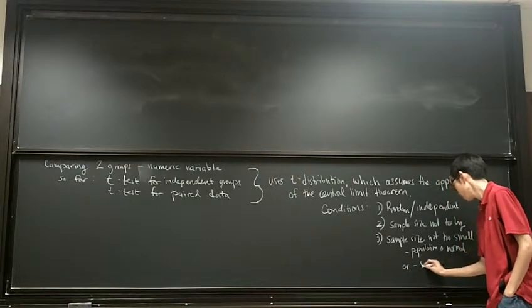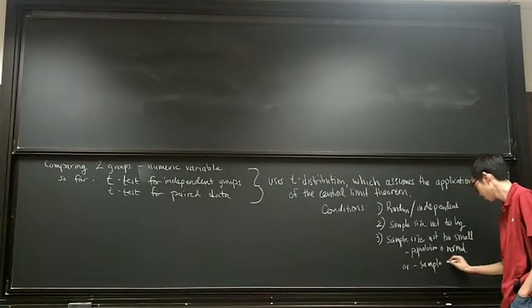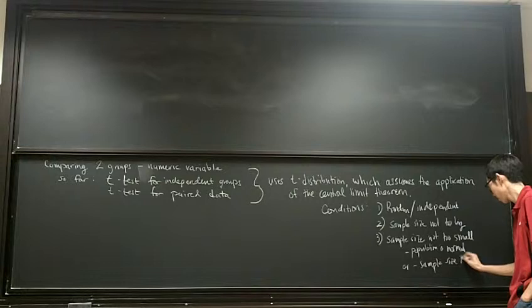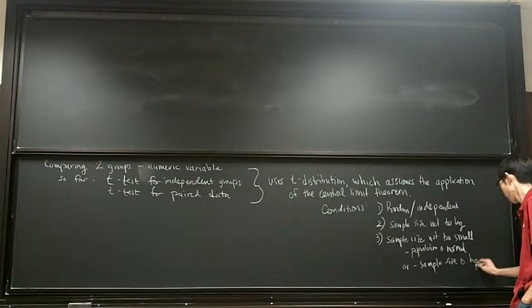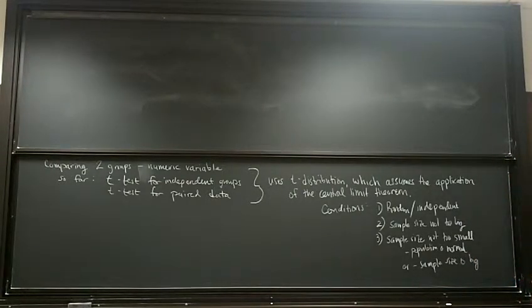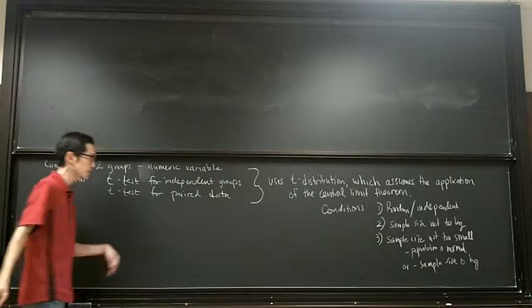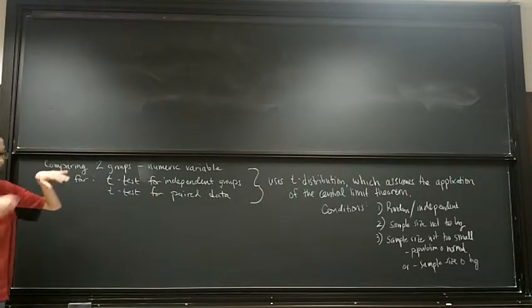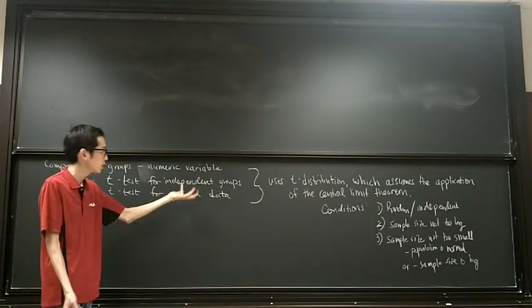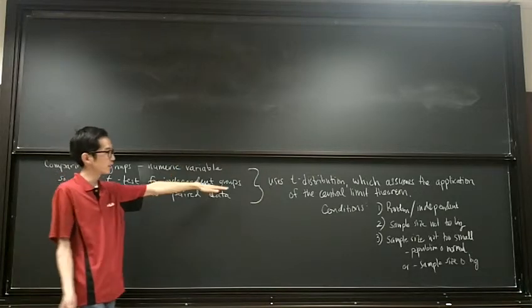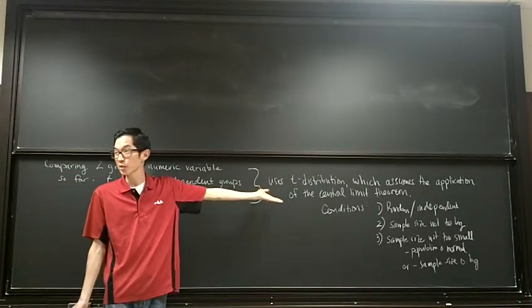Okay, so this is all reviewed. And so far, when we're comparing numeric variables from two groups, there is an underlying assumption that the central limit theorem holds.